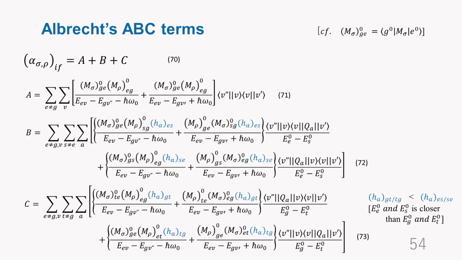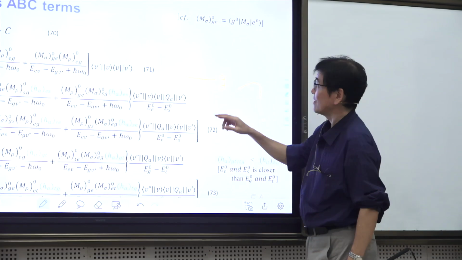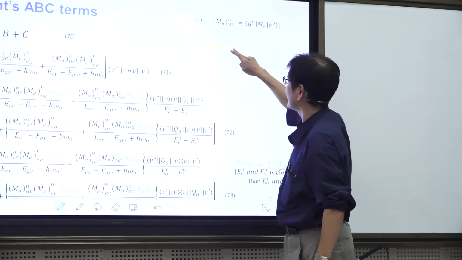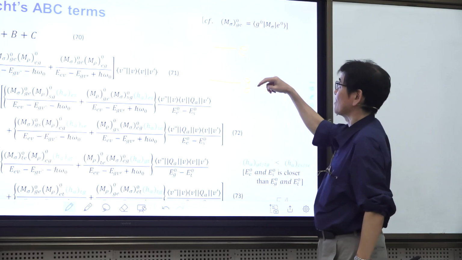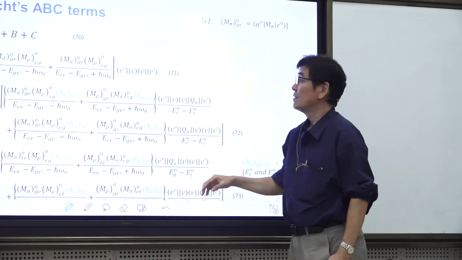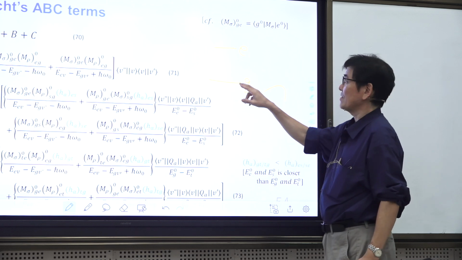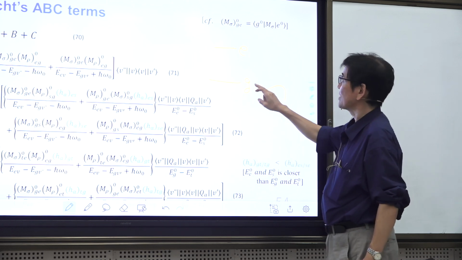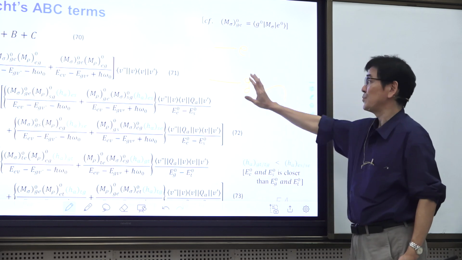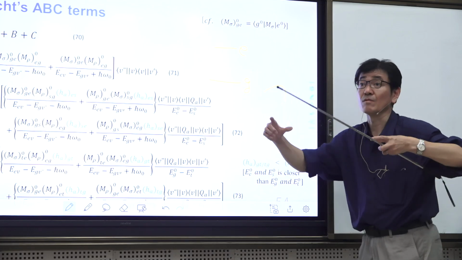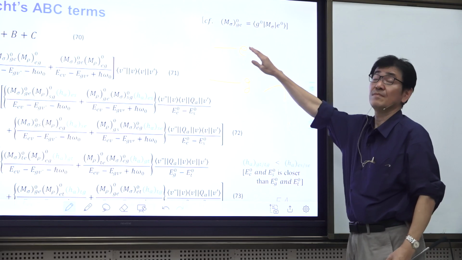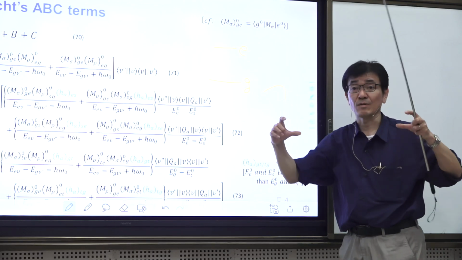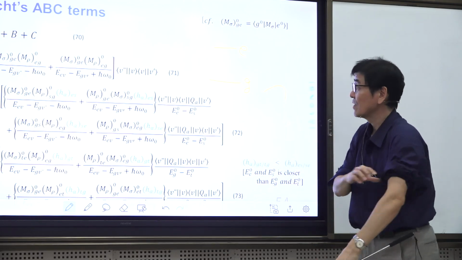Okay, so this is a ground state, and this is an excited state. G and E correspond to ground and excited. The ground state cannot be a pure ground state because of the mixing of the wave functions. The excited state cannot be a pure excited state because of the mixing of the wave functions.